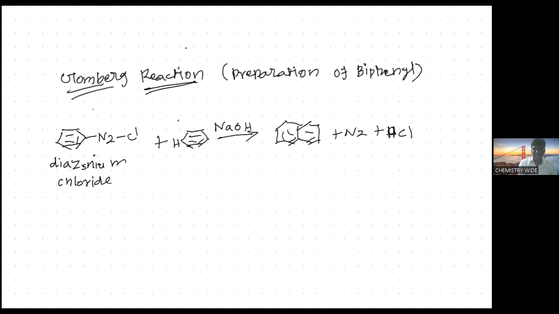This chlorine and this hydrogen form a bond together, H plus Cl minus, HCl. This we get as a byproduct.